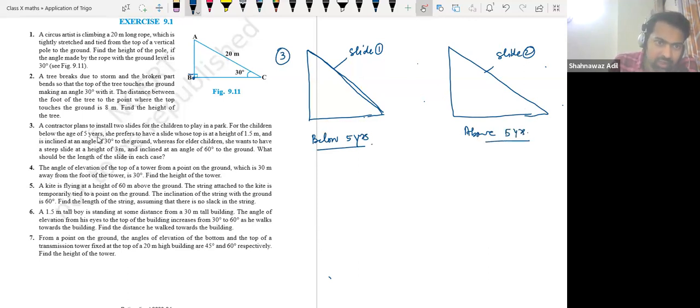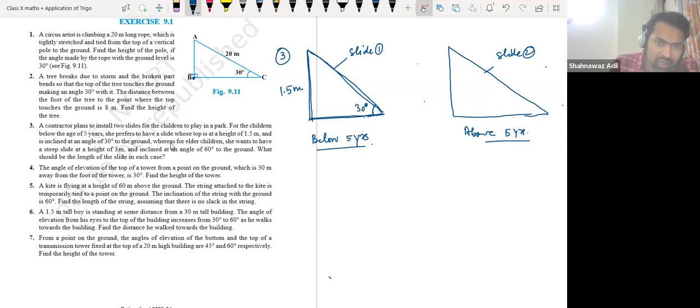For the children below the age of 5 years, she prefers to have a slide whose top is at a height of 1.5 meter. So this is 1.5 meter, right? For the below-age children, it is inclined at an angle of 30 degrees to the ground. So this is the angle.